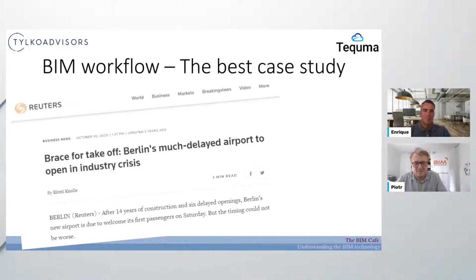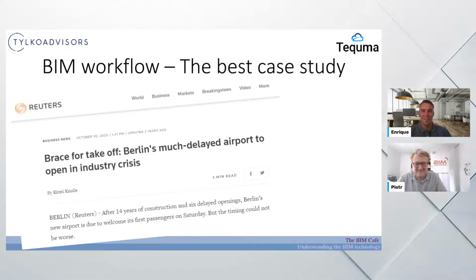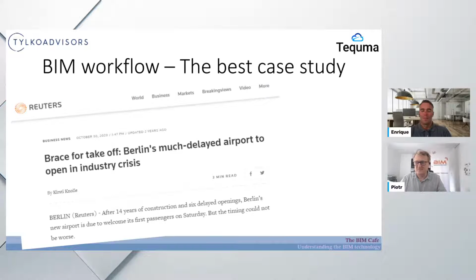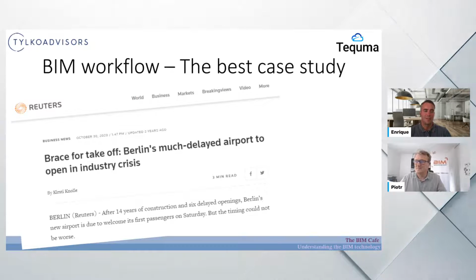Good. So let's study one of my favorite examples in the construction industry. I'm very sure that pretty much all of our audience has heard about the Brandenburg Airport in Berlin, the airport which was predicted to open six or seven times, and it cost like four or five times more. So anyway, here I took some screenshots from news about the project itself.